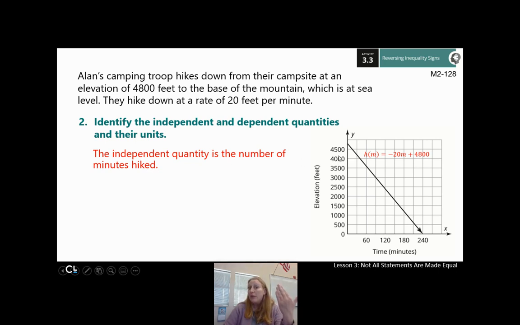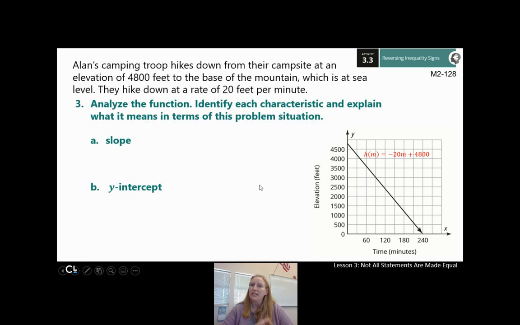Which means the dependent quantity, if you recall, that's our y-axis, also going to be our h, however you want to think of it. And you can see that that's the number of feet in elevation that they're hiking down the mountain. So the dependent quantity is the elevation in feet. Yay. We've done some beautiful work so far, which is going to make some of these next questions super easy.